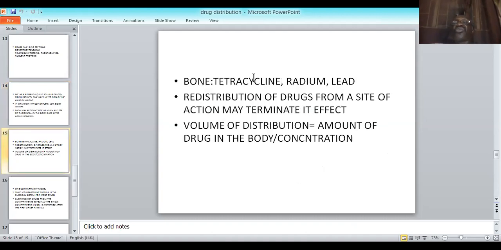Tetracycline partitions into the bones and teeth. Radium and lead also partition into the bones.